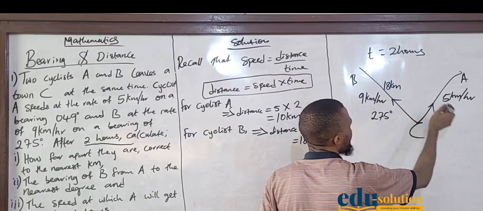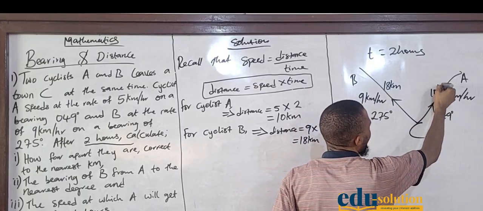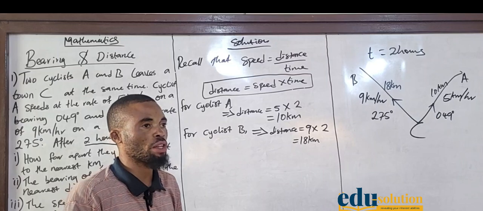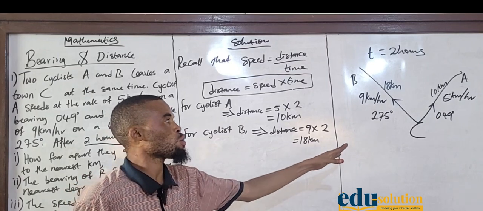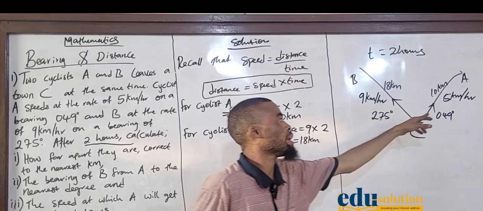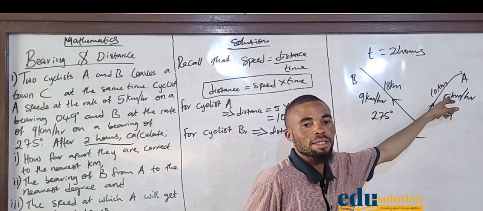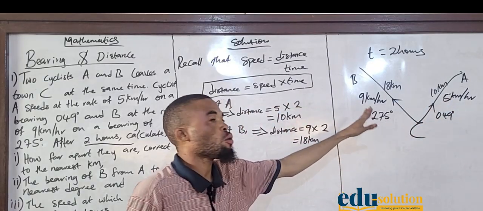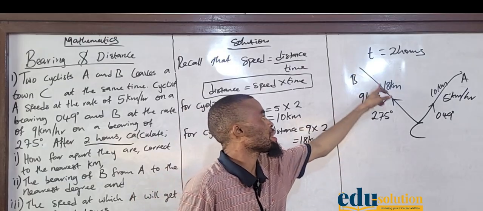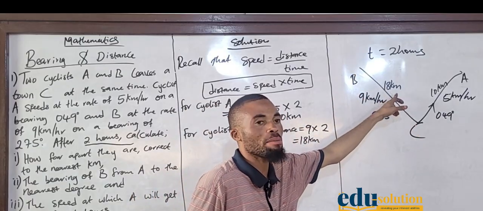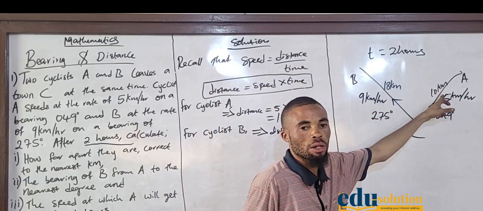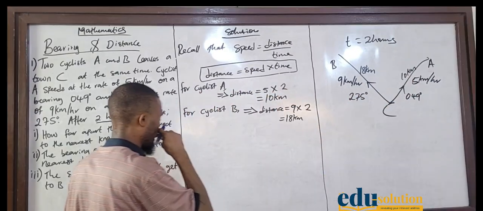That's the distance, while this is 10 kilometers. So since we have gotten our distance for each of them, that is after 2 hours, B had covered 18 kilometers and A has covered 10 kilometers. So when you want to construct a diagram, make sure that the length of line B, since this one is 18, is longer, followed by this one. You get it? So let's go ahead and construct now.